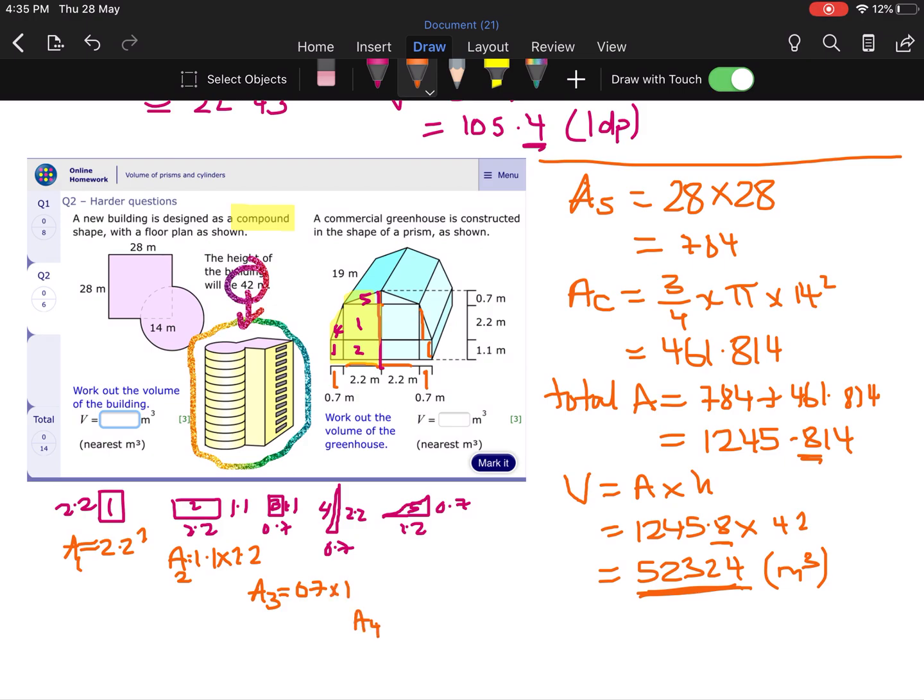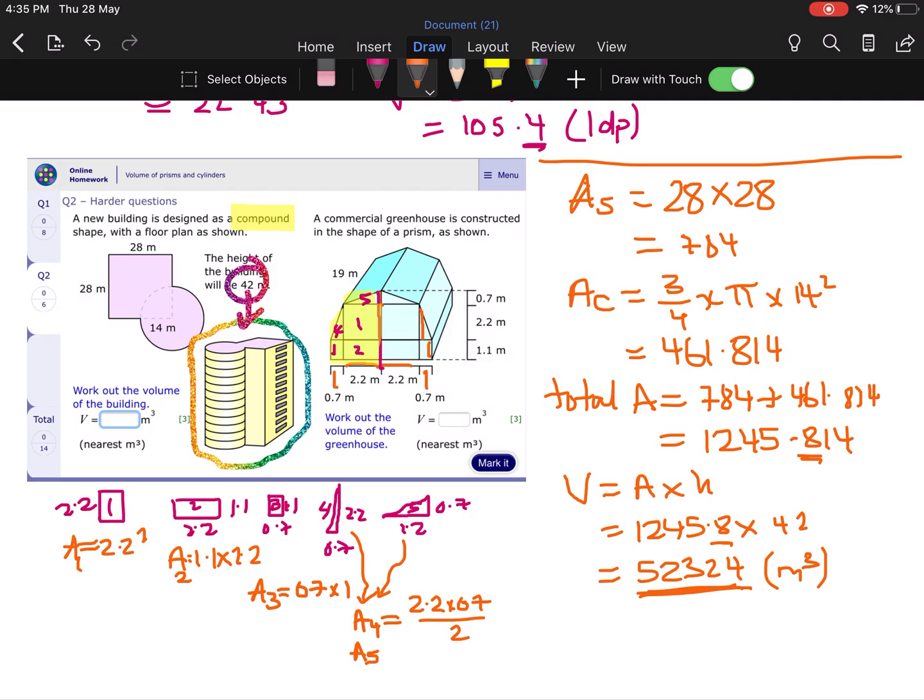The area of 4, which is here, is a triangle, so it's 2.2 times 0.7 divided by 2. And number 5 has the same area as well, because it's the same measurements. So let's work them out then.